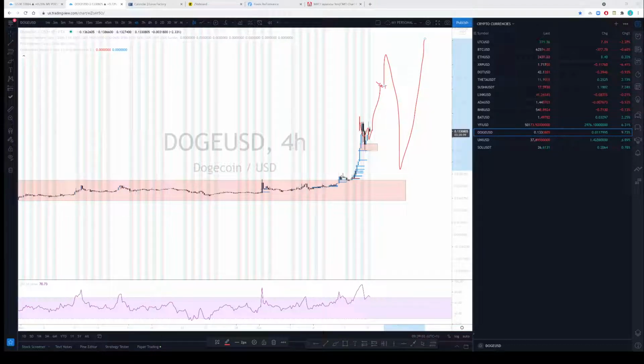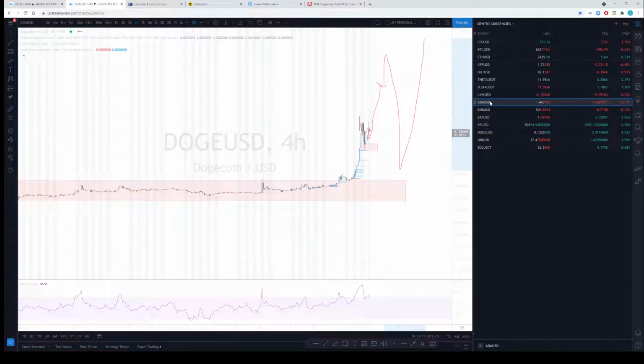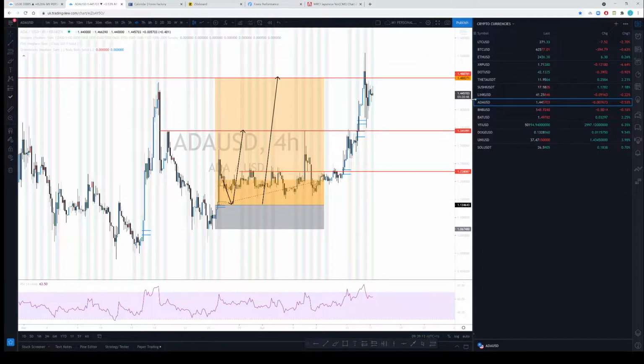What was it? ADA USDT, ADA USDT. This one here. That has reached upside.